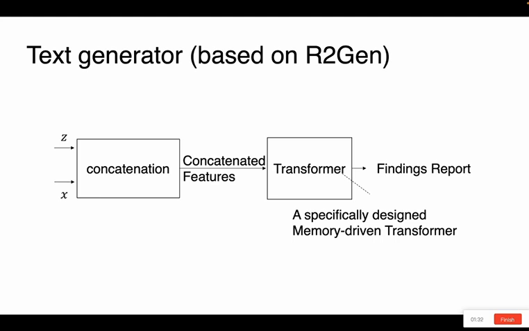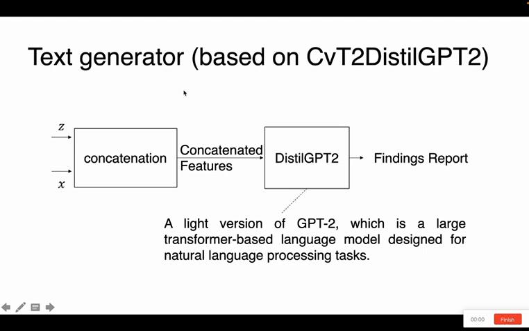The concatenated features are first fed into the encoder of the transformer, and the output from the encoder is then fed into the decoder.